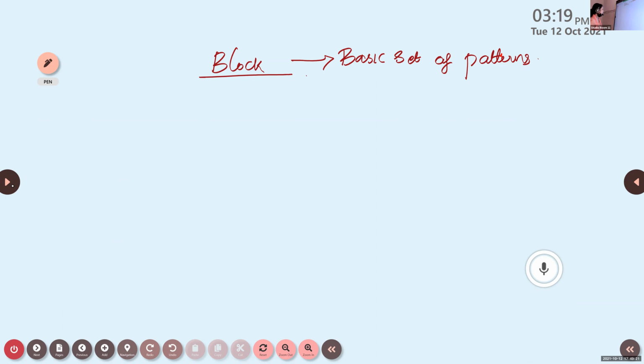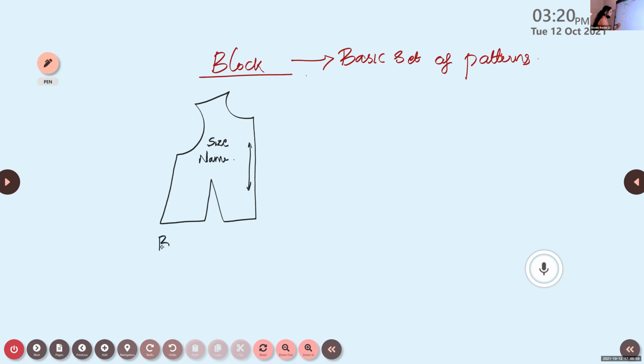Two terms are used, block or sloper. So what all information will be there on a block or a sloper?